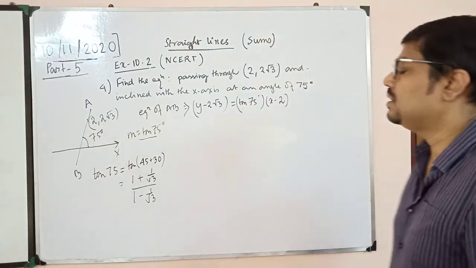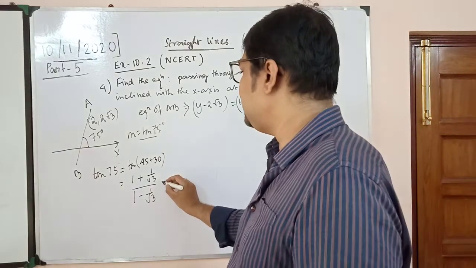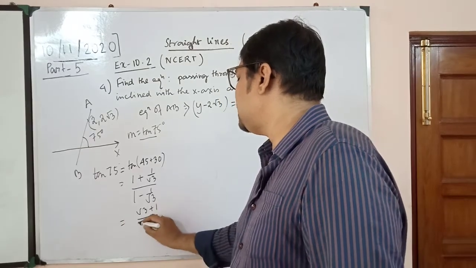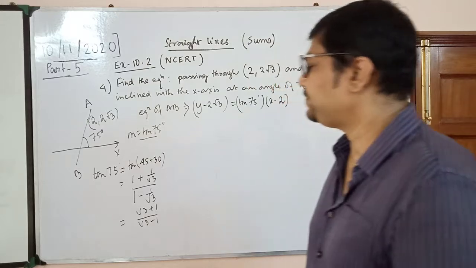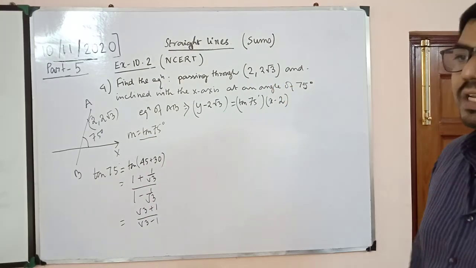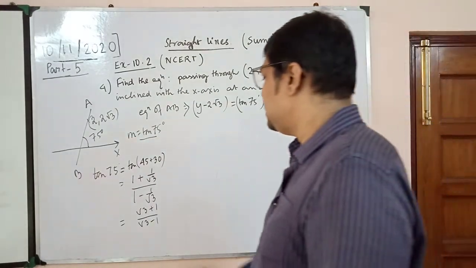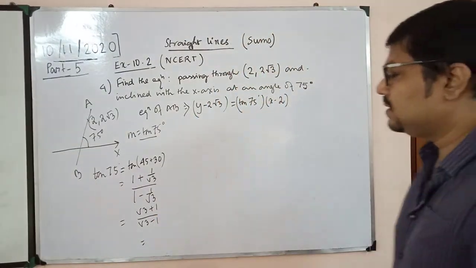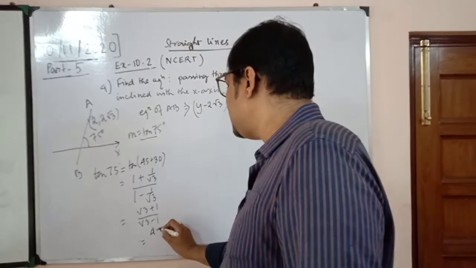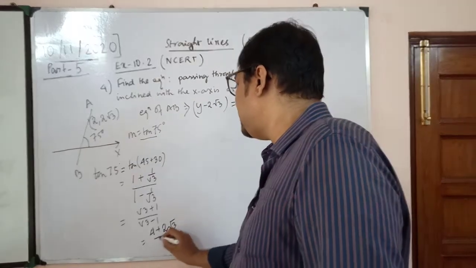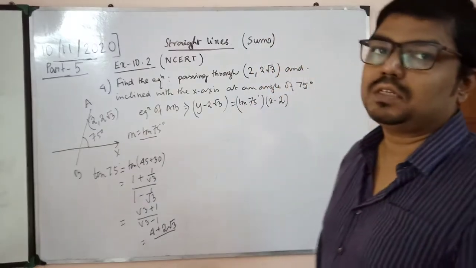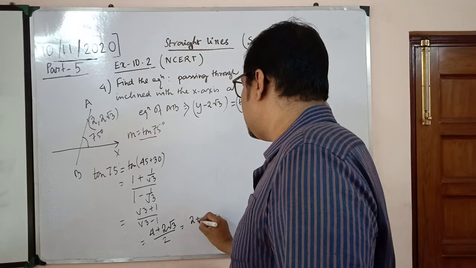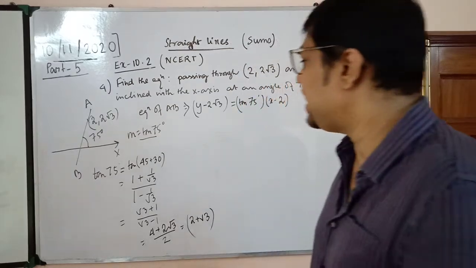If you find the value, you will get root 3 plus 1 by root 3 minus 1. Then you rationalize it. It will be root 3 plus 1 whole square, that means 3 plus 1, 4 plus 2 root 3, by a minus b into a plus b, which is root 3 minus 1 times root 3 plus 1, which is 2. So the answer is 2 plus root 3. So this is the value of tan 75.